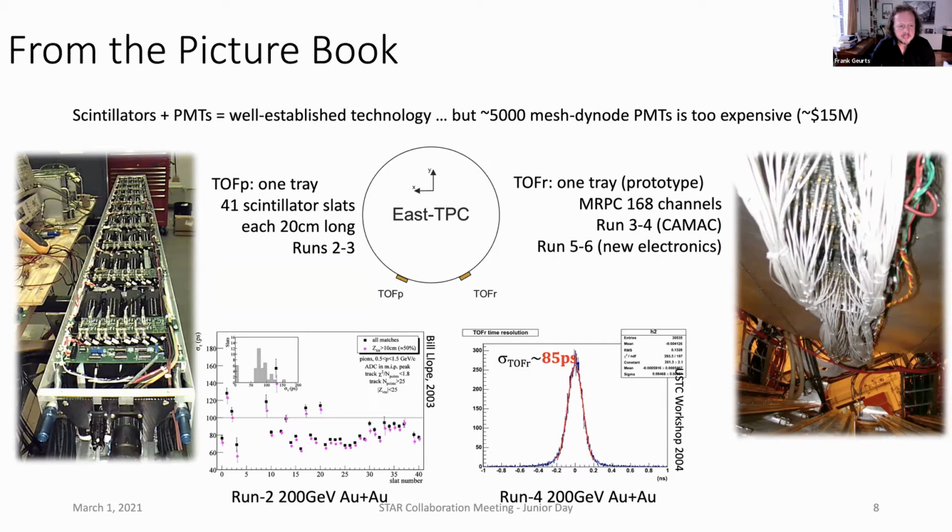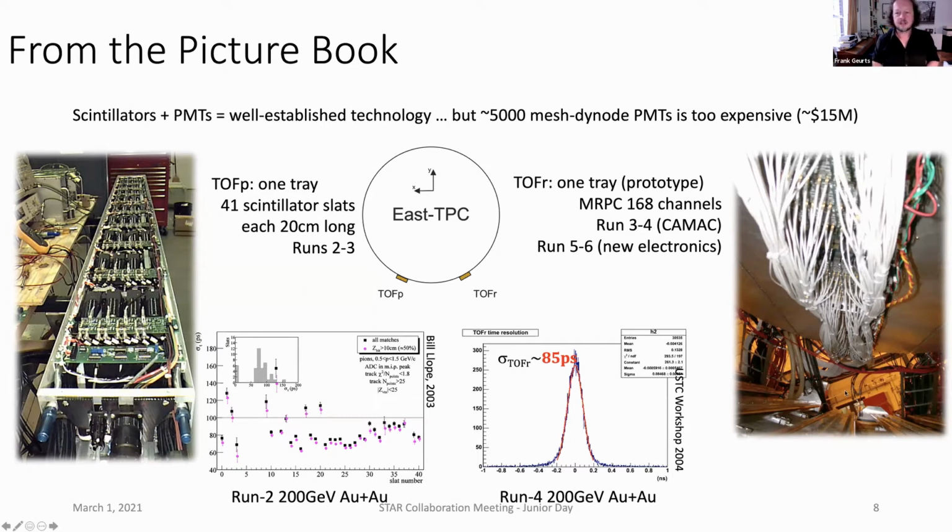So that was certainly a big motivator to look at alternative technologies. On the right side of this slide, you can see one tray of TOF-R, a detector as it already is installed, that is using MRPCs. This was a prototype MRPC. It had about 168 channels. In its first years, it was still running on KMAC electronics for all kinds of digitization, and as new runs happened, new electronics got tested.